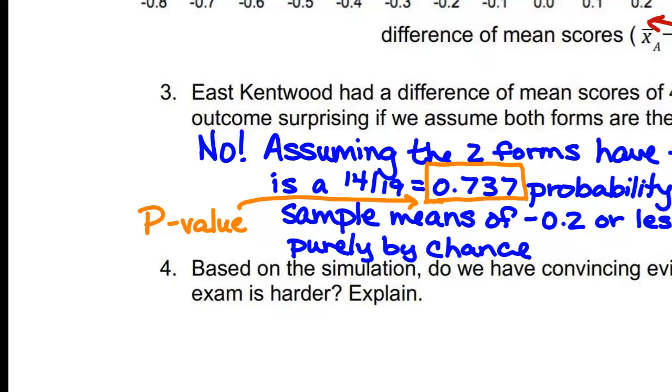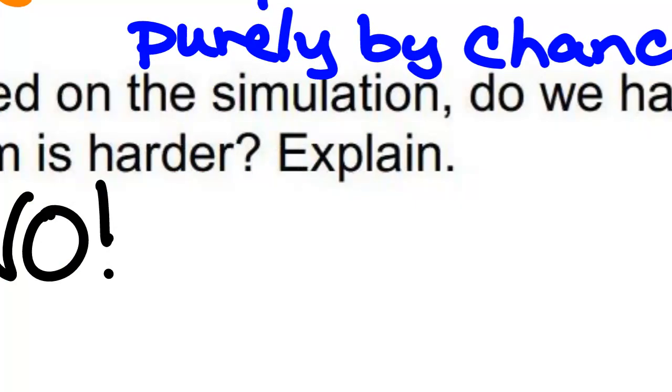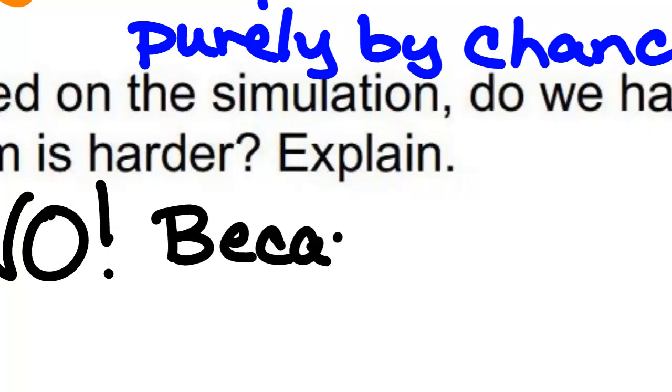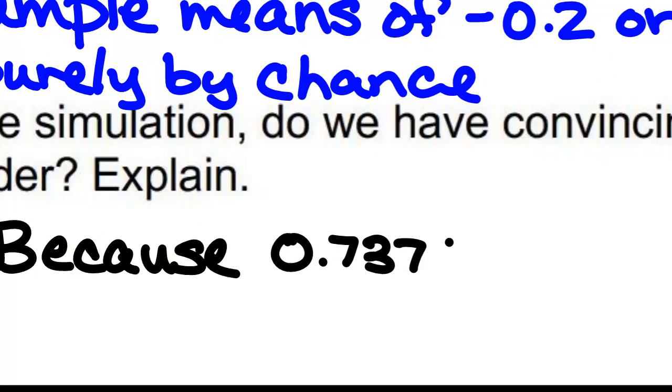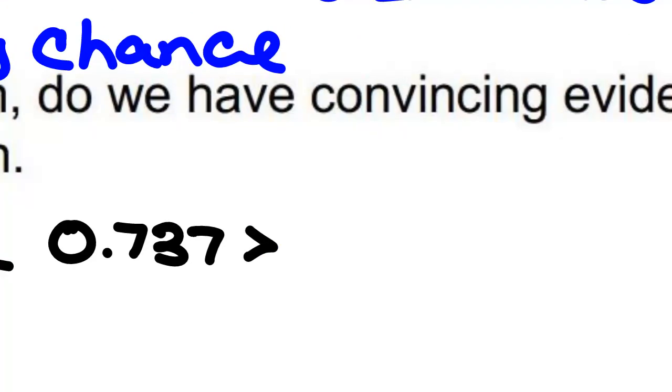So based on that simulation, do we have convincing evidence that one form of the exam is harder? No. Because 0.737 is greater than what? What should we use for our alpha level? 0.05. We fail to reject the null hypothesis.